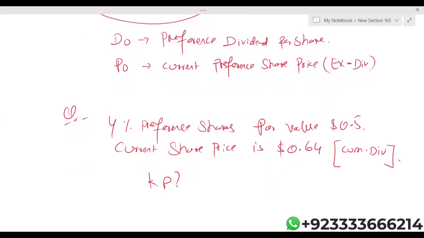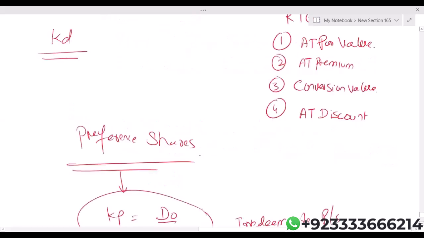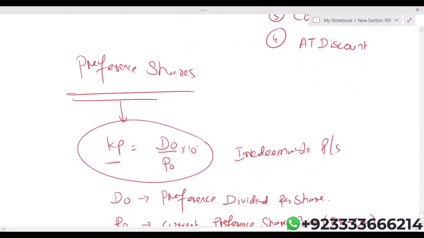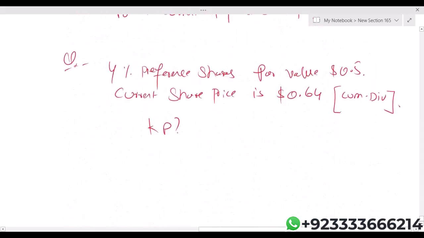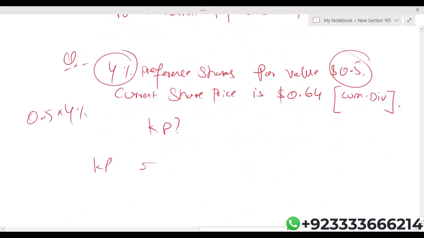Okay, let's see what the answer is. It's 2.5%, one student is saying. The final answer will be multiplied by 100. Let me show you so that you can get the percentage. Number one, 4% multiplied by par value. Students, I'm getting a dividend of 0.02. So the preference dividend per share is 0.02.